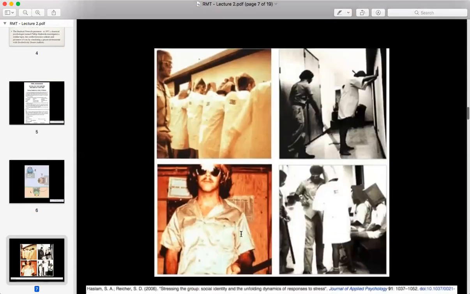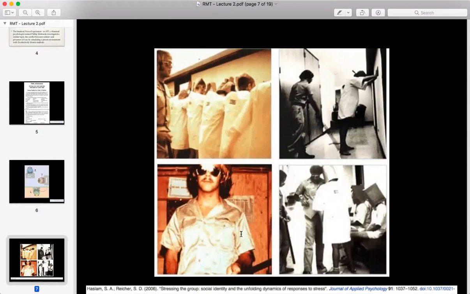Just to skim through another version of this kind of experiment, about a decade later there was the Stanford prison experiment. I believe 12 subjects were collected, just normal students from the Stanford campus, and they were divided into prisoners and guards at the start of the experiment in the basement of a building.